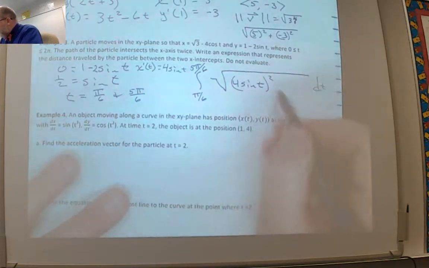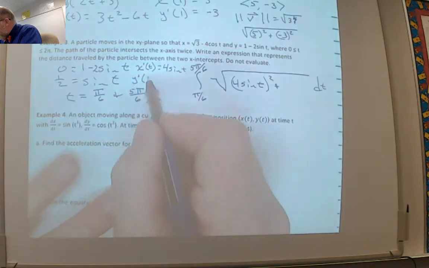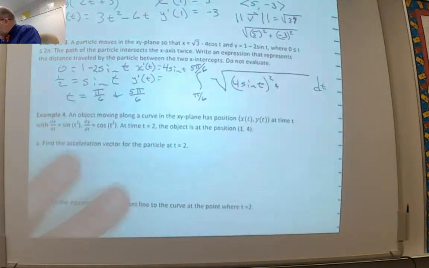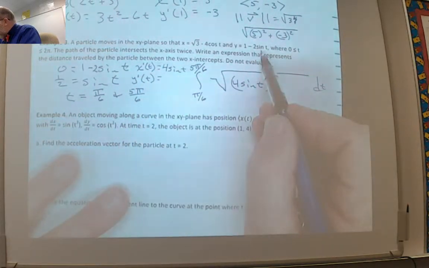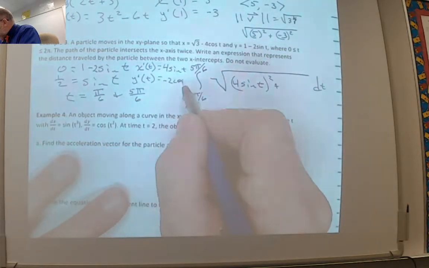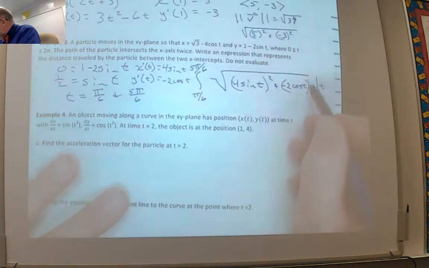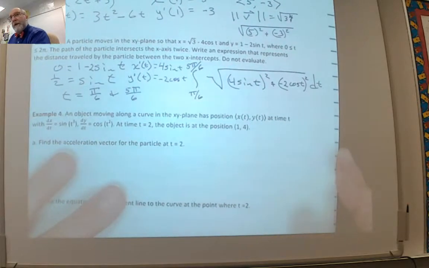Okay, is there a plus sign that's next? Yes, there is. Okay, what do I need to do next? Square the derivative of y, which would be negative 2 cosine t, and I'm going to square that, correct? Correct. And I don't have to evaluate it, I just have to write this integral. I'm done.